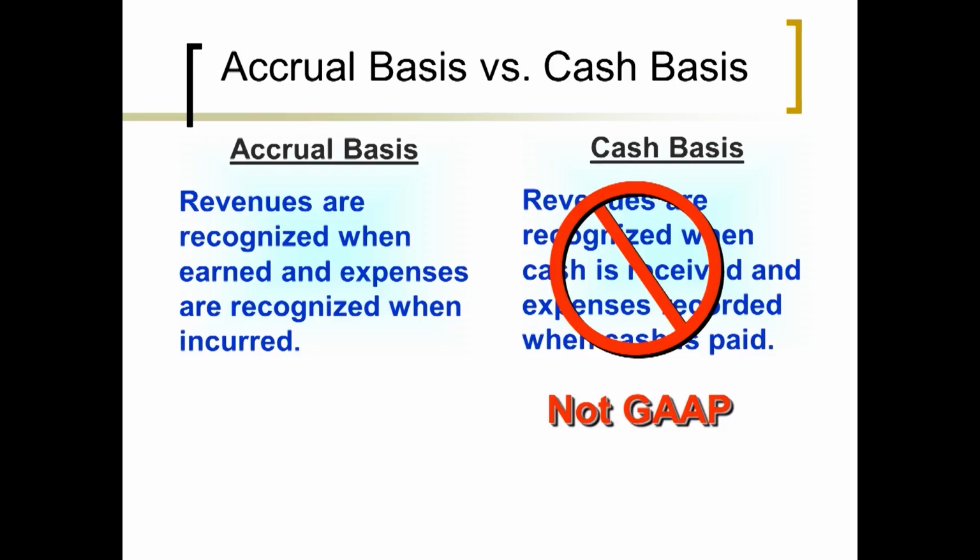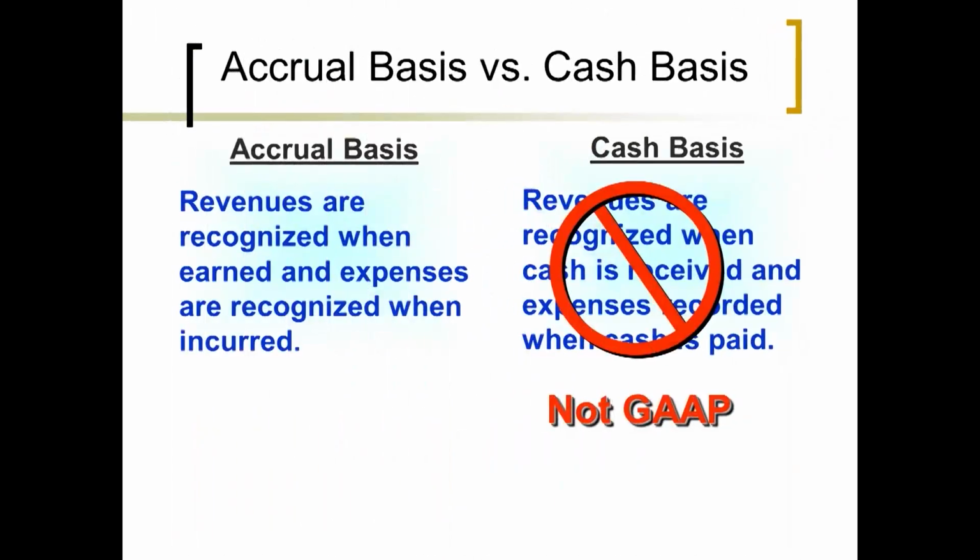We recognize revenues when they are earned, and we recognize expenses when they are incurred. Okay? So this accrual basis of accounting is the whole foundation to what we're going to be doing in Chapter 3 as far as making these adjusting journal entries that I'm going to teach you. Okay? We make these adjusting journal entries so that we can abide by the accrual basis of accounting. Does that make sense? Okay?